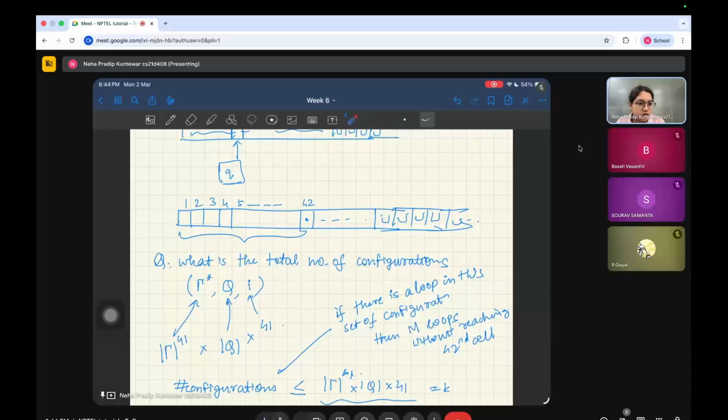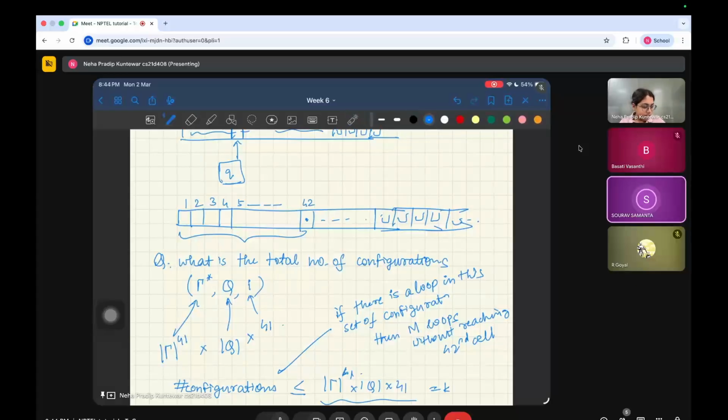Is this clear, Saurav, Vasanti? Yes, ma'am, it's clear, but you were asking whether others have a question from the schedule module. So I have a question.